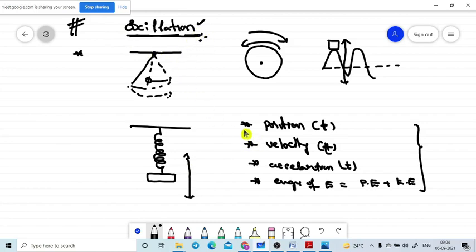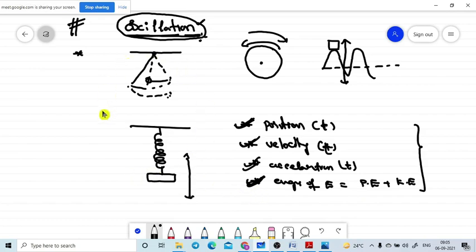As per the study of the object, we need to know these many physical quantities, which can be determined with the help of the oscillation. If you study the oscillation topic, we can easily measure the position, velocity, acceleration, energy, and some other parameters.